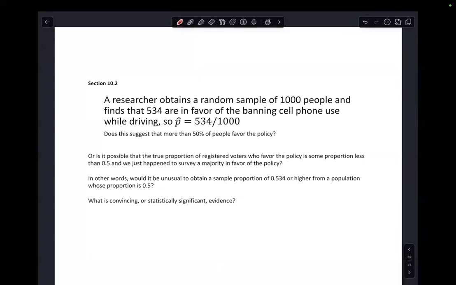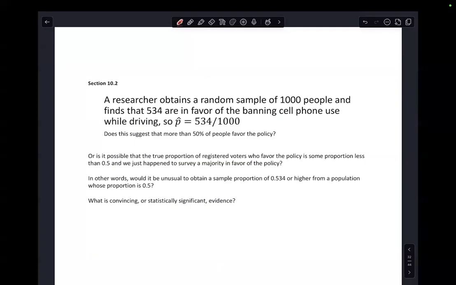Okay, so our researcher obtained a simple random sample of 1,000 people. They found 534 were in favor of banning cell phone use while driving, so about 53.4%. Does this suggest that more than 50% favor this policy?